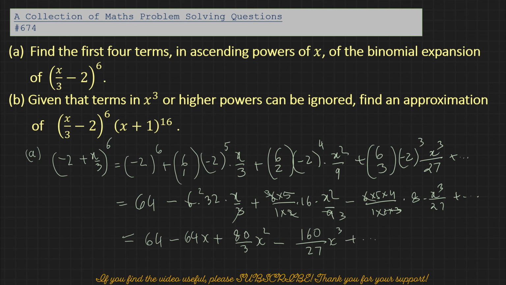So these are the first four terms in the expansion in ascending powers of x. So that completes part A.